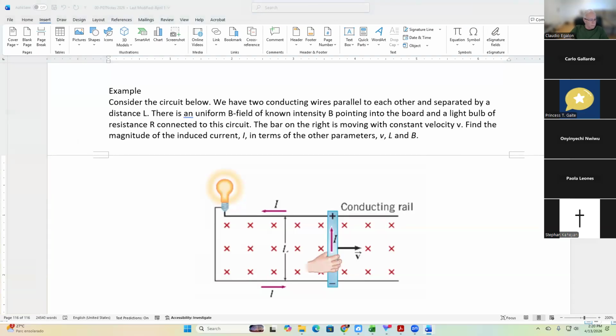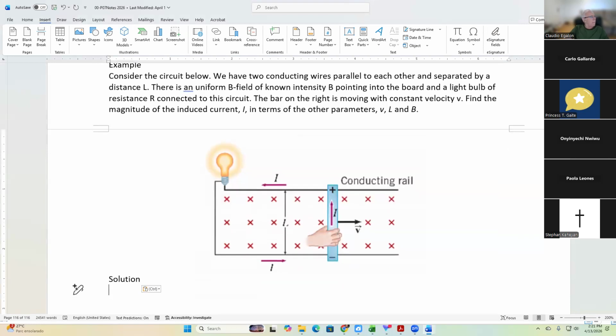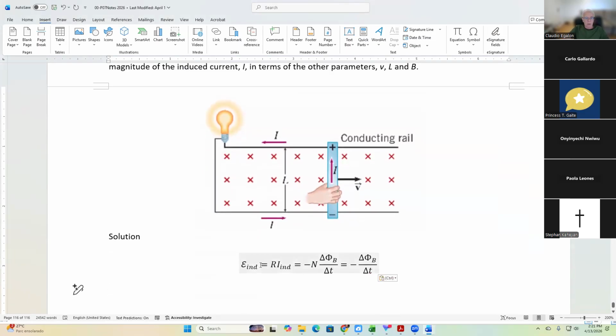Solution. Apply Faraday's law. The induced electric potential is equal to the number of loops in the circuit times the change in magnetic flux divided by the change in time.